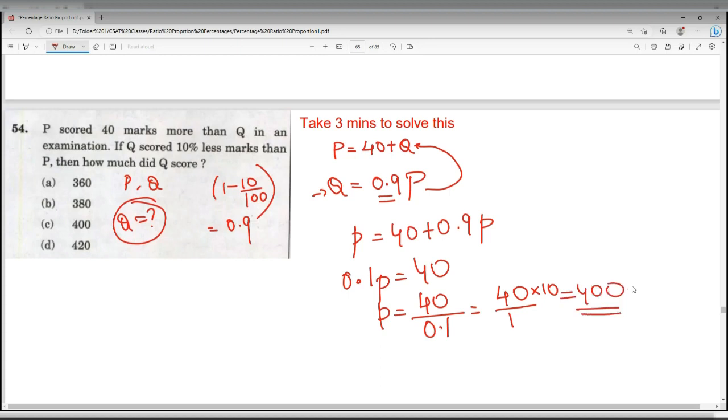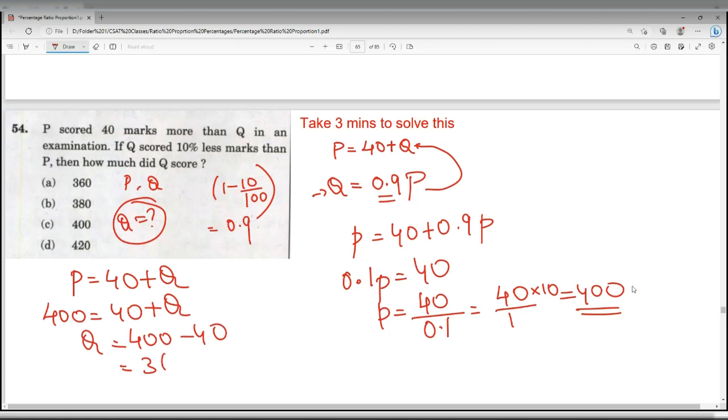So we have P is equal to 400. From this equation, P is equal to 40 plus Q. P is 400, so 400 is equal to 40 plus Q. Q is equal to 400 minus 40, that is 360. So Q is 360. The correct option is A.